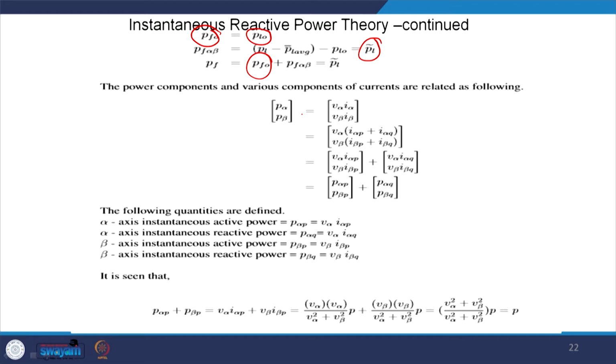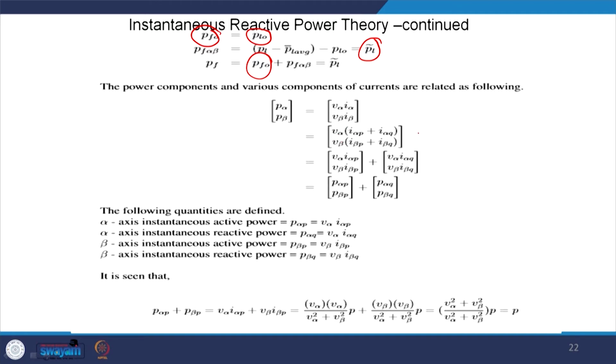We shall mention in the nomenclature the alpha axis instantaneous reactive power, that is P alpha Q, where Q stands for the reactive power, but we are not using it, and that will be given by V alpha into I alpha Q. Let us go to this point again. P alpha and P beta can be represented as V alpha into I alpha, and the second term of the matrix will be V beta into I beta.